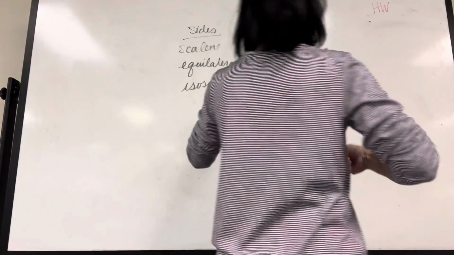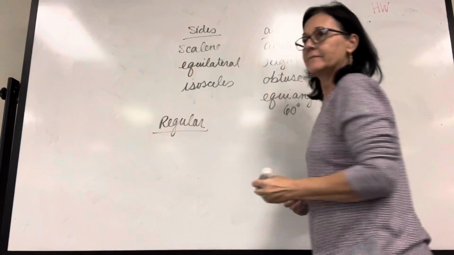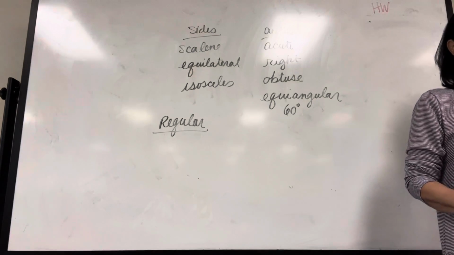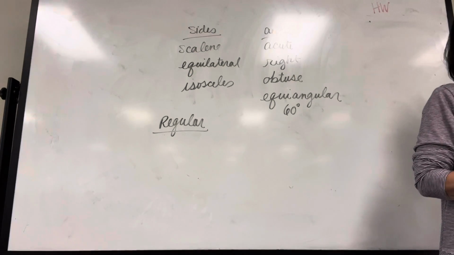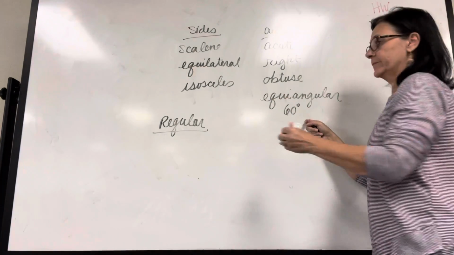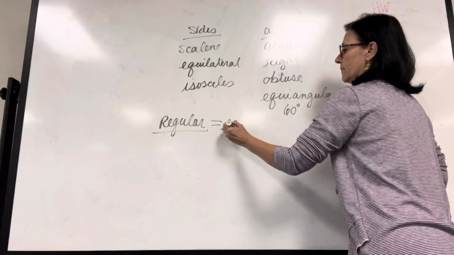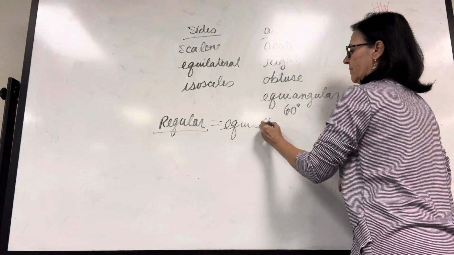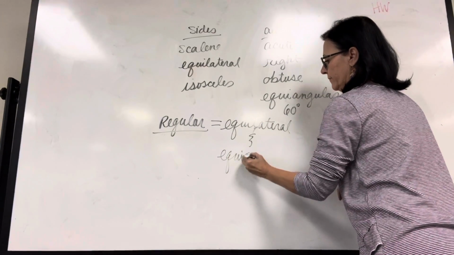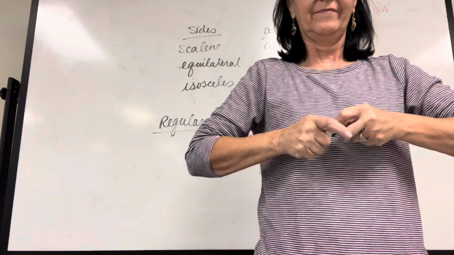So there's something called a regular triangle. You need to know what this word regular means. Does anybody know what the word regular means? If it's a regular triangle or a regular polygon, anytime you hear the word regular, that means it is both equilateral and equiangular. So if it's equiangular, then it has to be equilateral.